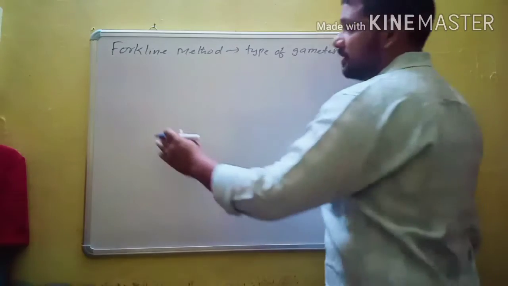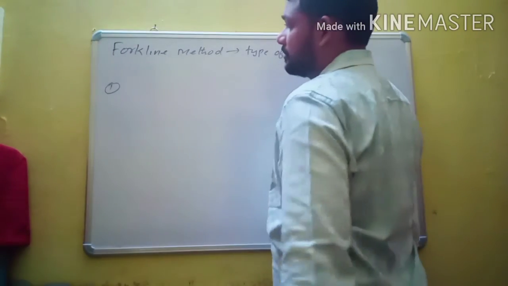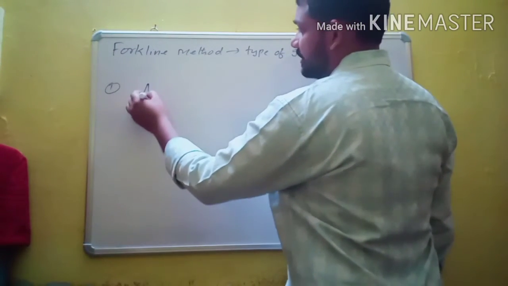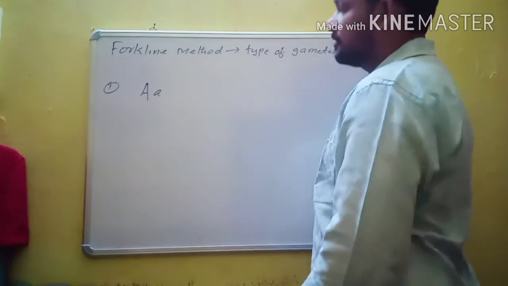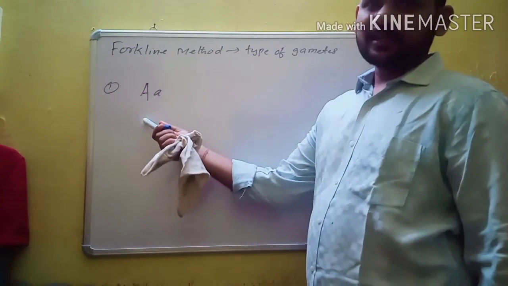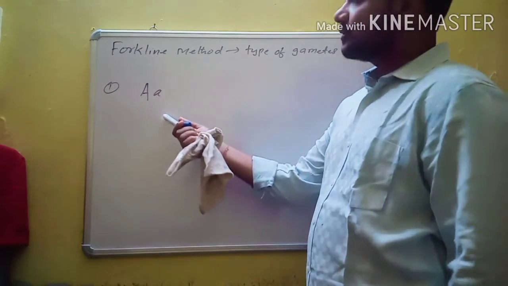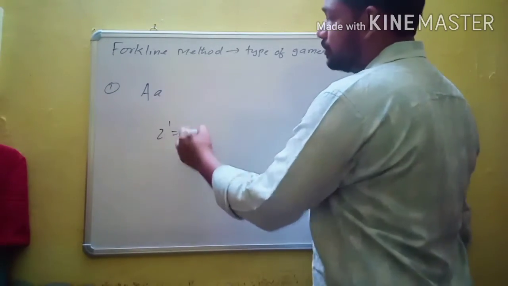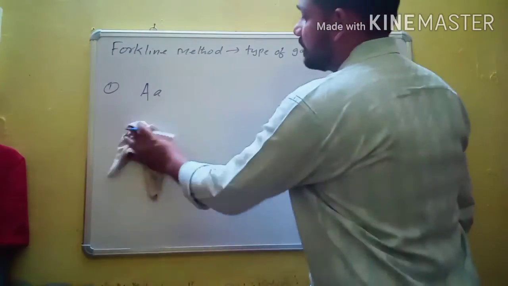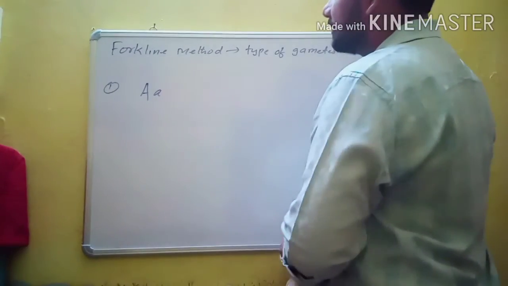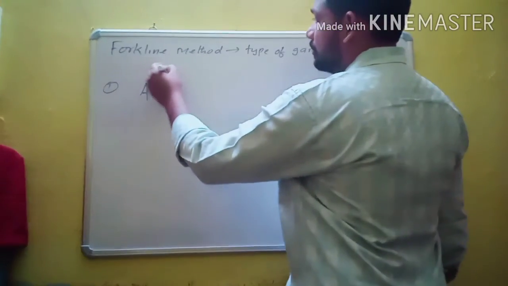For example, this is the first given genotype. Here if you use 2 to the power of n, then the gametes are 2 to the power of 1 equals 2. So 2 gametes will come. But which type of gametes will come? For that we use the fork line method.